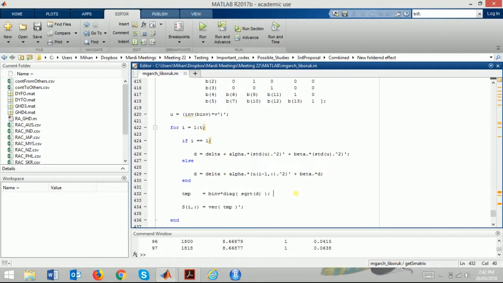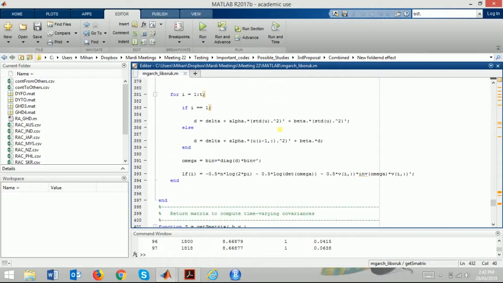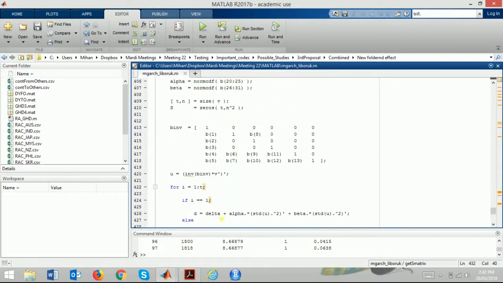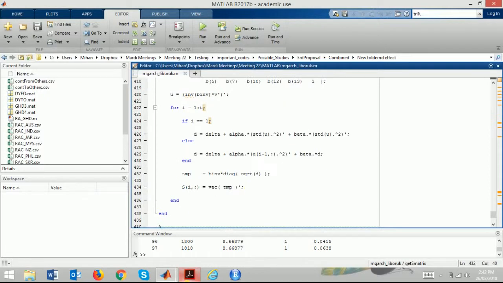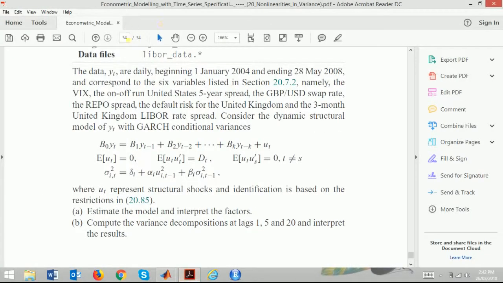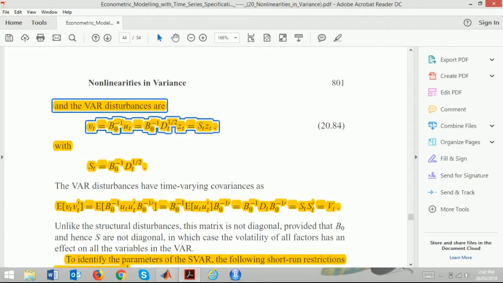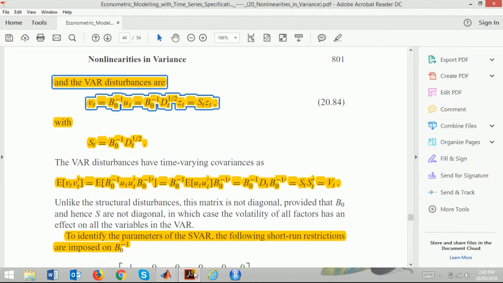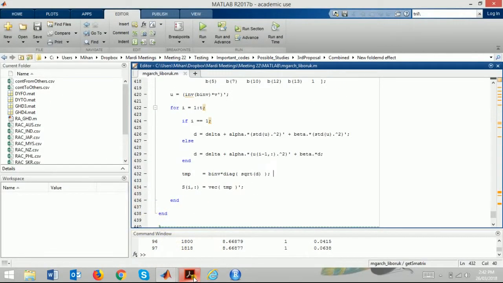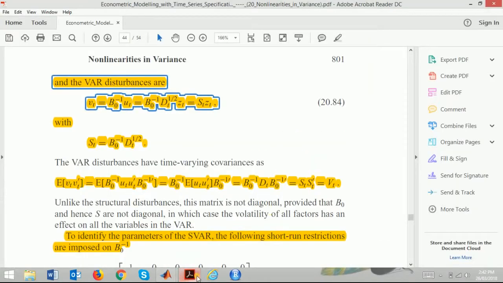Something is changing here. Beta naught diagonal of square root d. S matrix. We are not getting S matrix here. Diagonal B inverse. But when we are getting the S matrix, our small things change. And the small thing is here, which is beta naught diagonal of square root d.